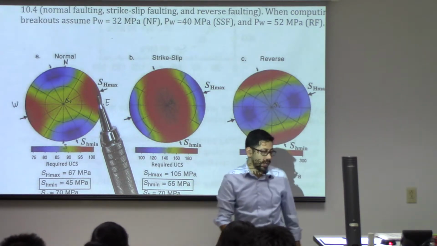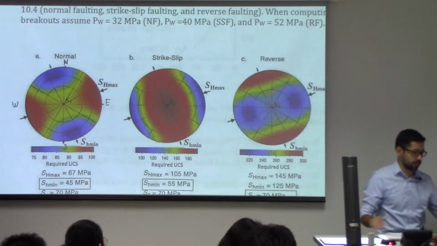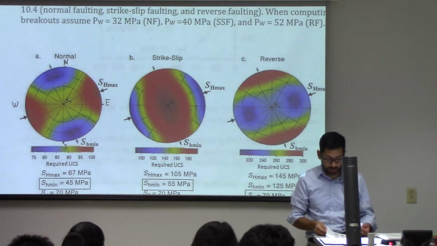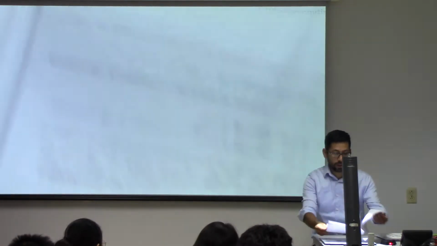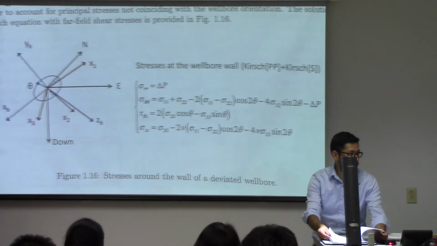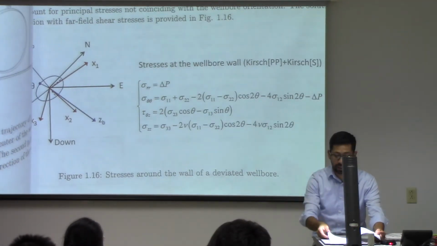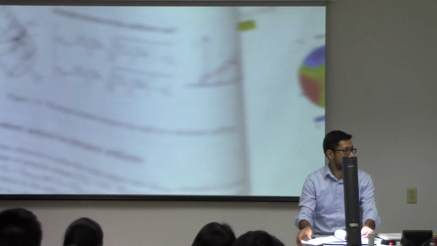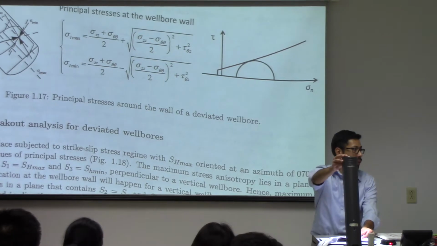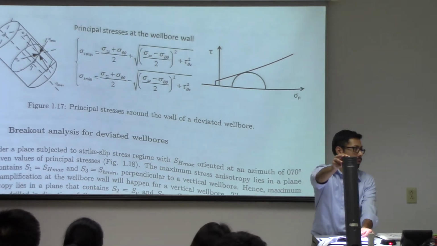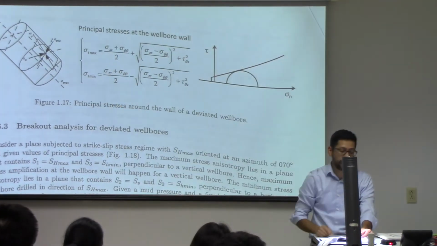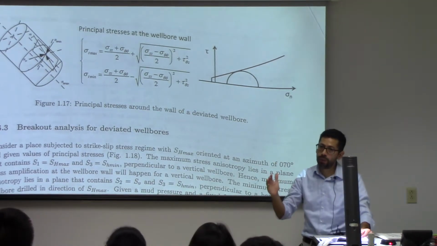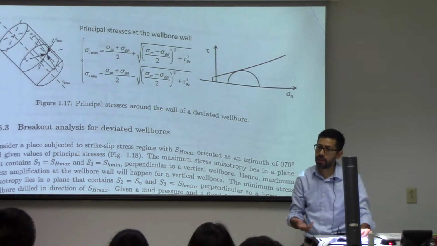And then with Kirsch's equations, which I'm going to give you, these Kirsch equations are over here. Those are the Kirsch equations, and then out of that you compute the eigenvalues of that matrix, and you'll get something like this, where this is the worked out equation. But you could also compute eigenvalues instead of writing this equation again. And once you have the principal stresses at the wall of the wellbore, you're going to be able to apply the equations that we're going to discuss right now.